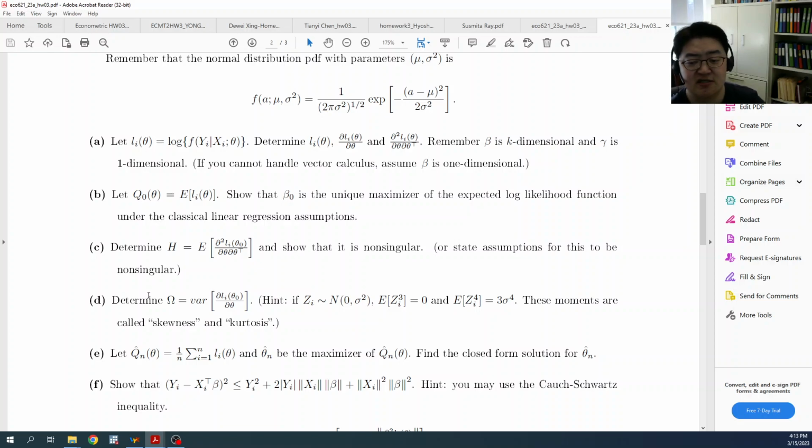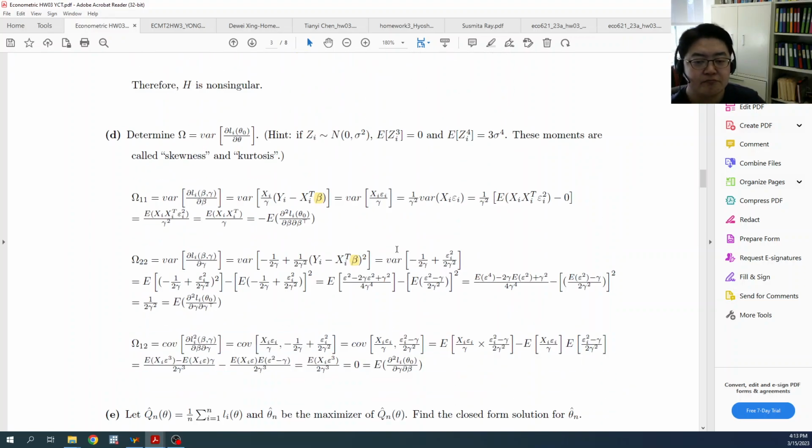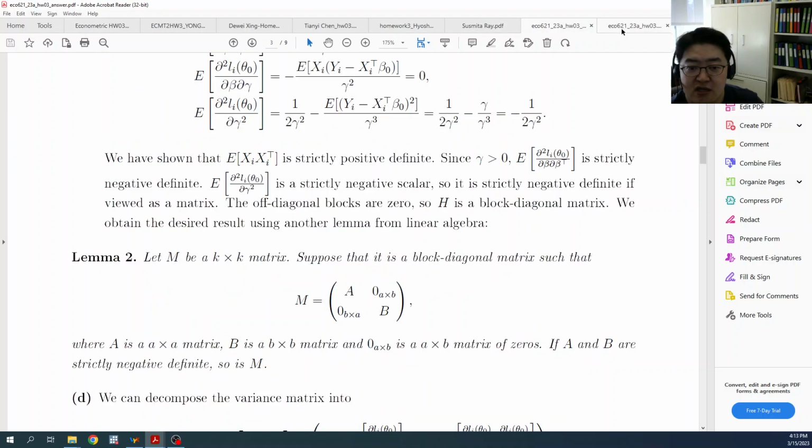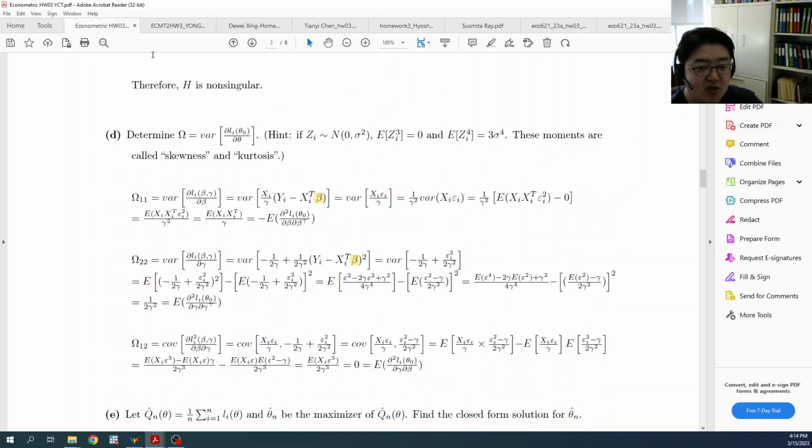Calculating the variance. It is just tedious algebra. Let me see. What you have to remember here is in the notation, theta 0 is used. That means we are evaluating this function at the true parameter value. So the notation should be consistent. Like beta, only when it equals beta 0, then you can rewrite this to epsilon.